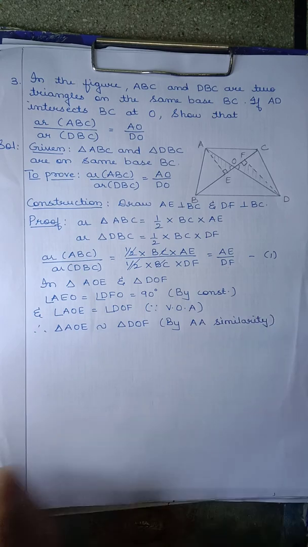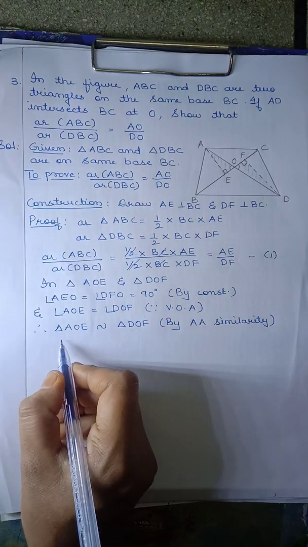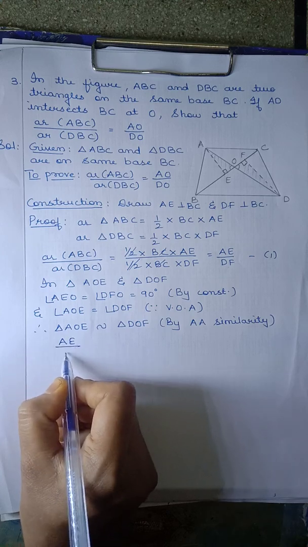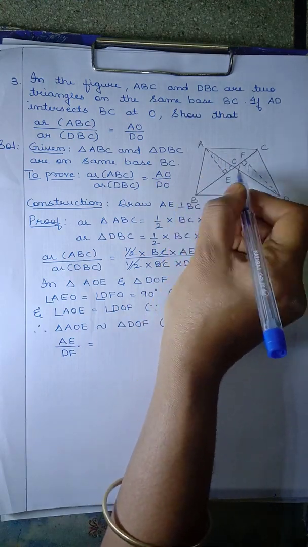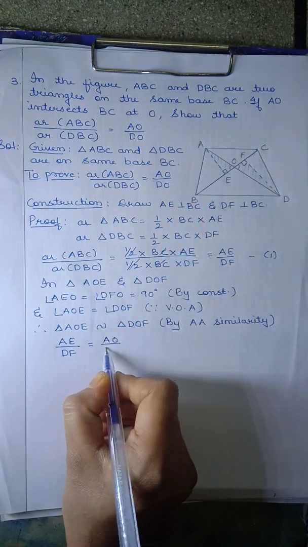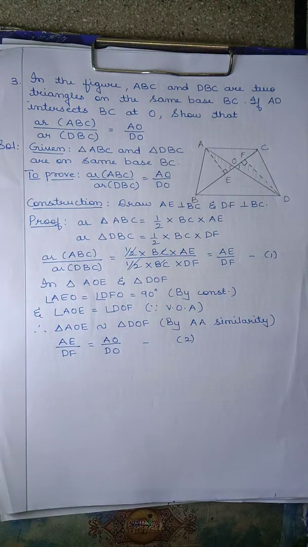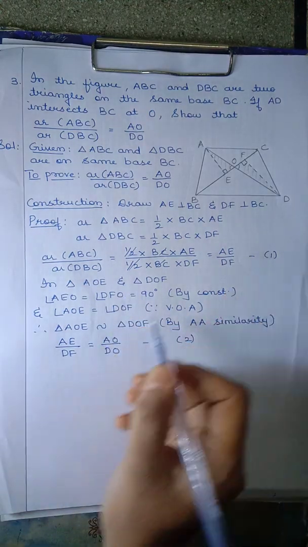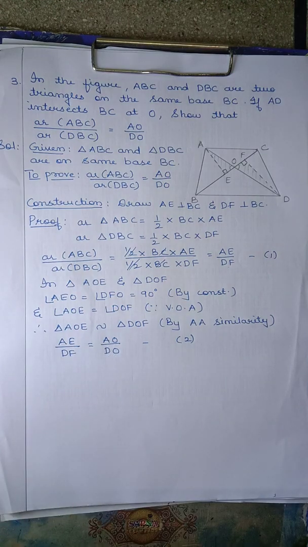Now when the triangles are similar, the ratio of their corresponding sides will be equal. That is AE upon DF, AE corresponds to DF, is equal to AO upon DO, AO corresponds to DO. So let us keep this as equation 2. Now children, here we have proved AE upon DF is equal to AO upon DO.